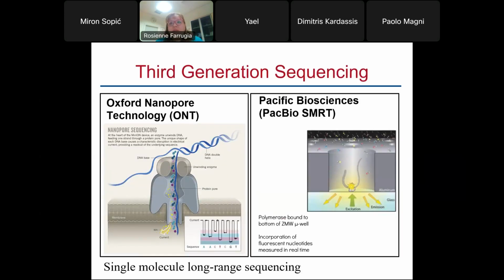And whilst they're very different, both of them have the same key aim: to sequence single molecules at very long range. So to generate very long sequences, thousands of base pairs in length, from a single molecule.